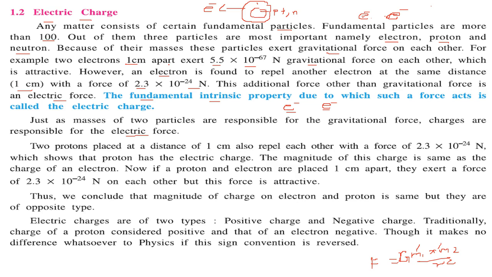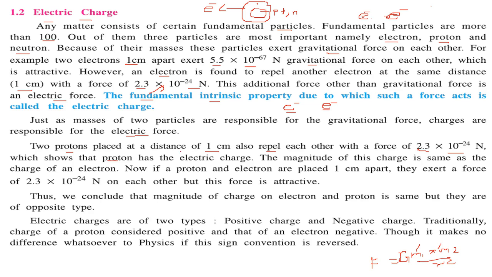If you do the same activity with 2 protons, placed at 1 centimeter, they will repel with the same force, 2.3 into 10 to the power minus 24 Newton. That means the proton also has electric charge, with a magnitude exactly the same as the electron.